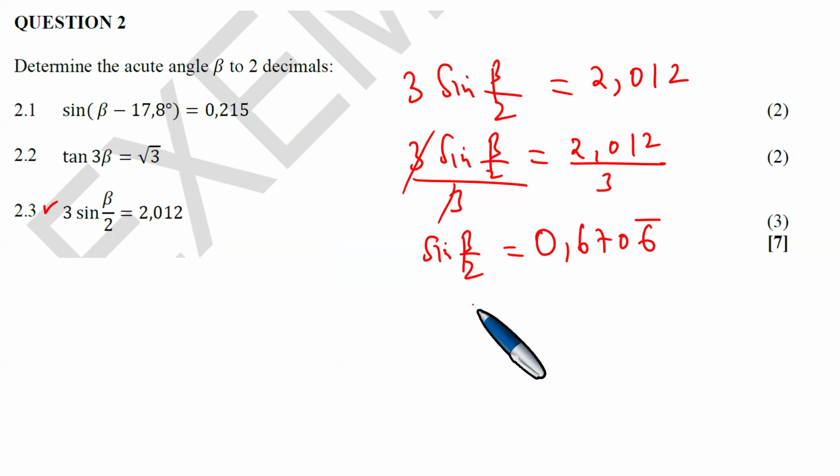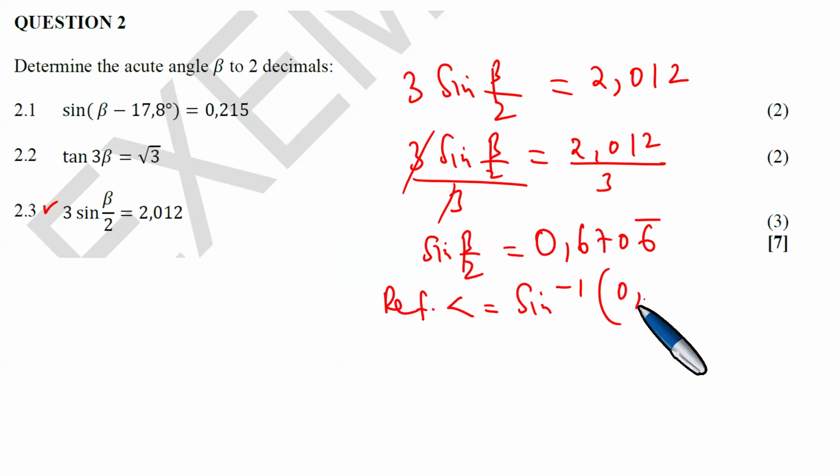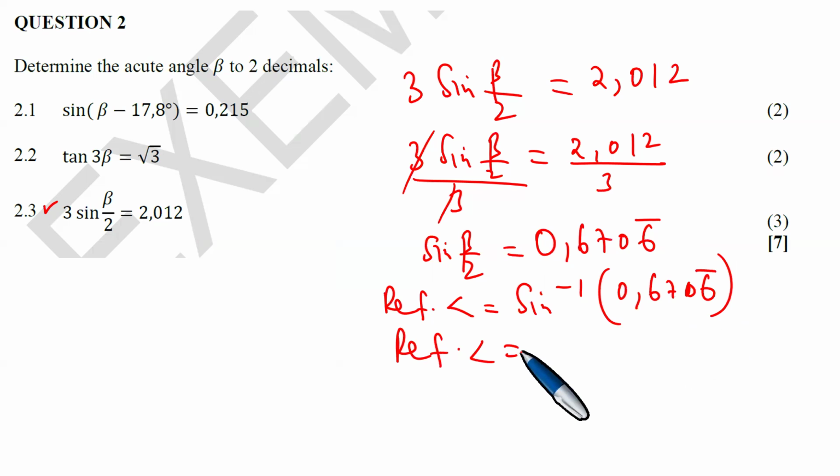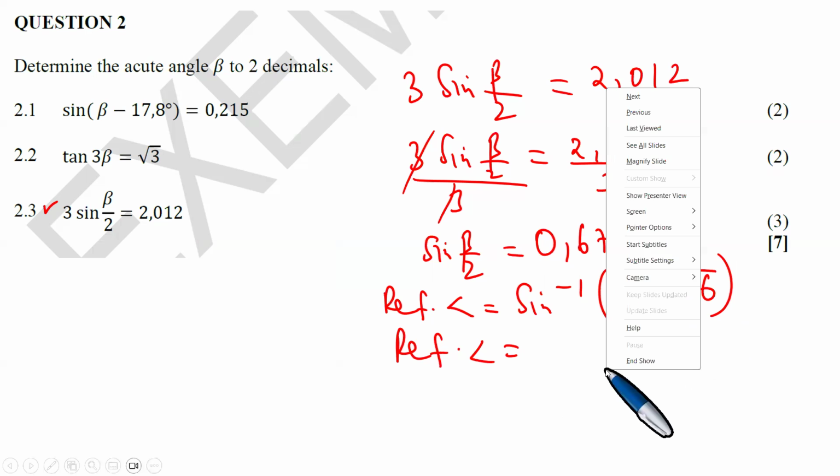0.6706 recurring. Right, so we first get our reference angle all the time in trigonometry. This is the arc sine of 0.6706 recurring, which means our reference angle equals what? Let's just get that.